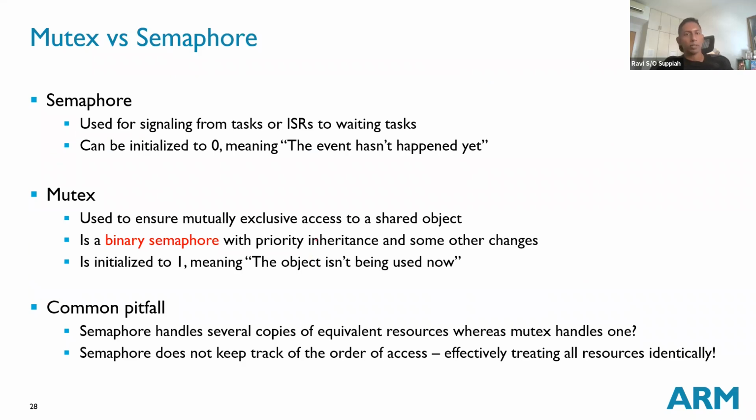So now that we have looked at both Mutex and Semaphore, what is the overlap or similarity in a sense? One of the advantages of Semaphore is you can use it also for signaling from task to task or ISR to task.